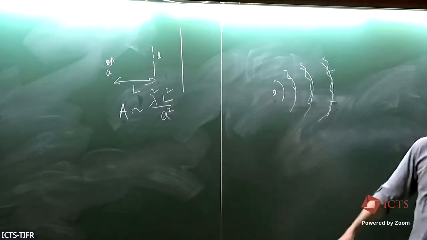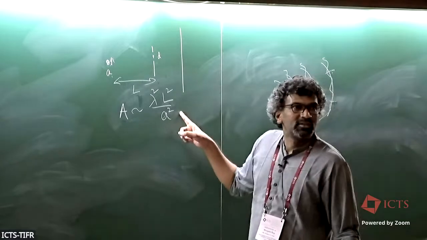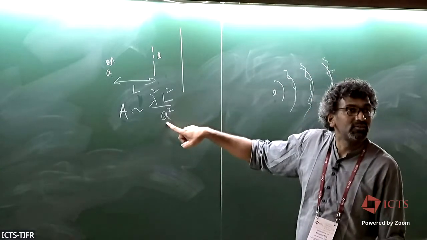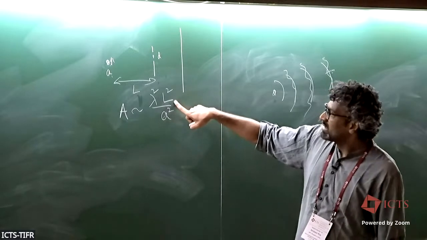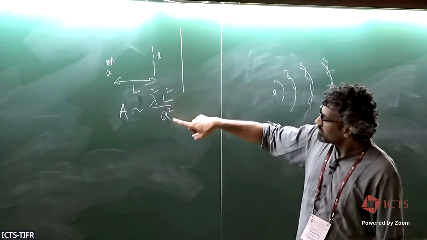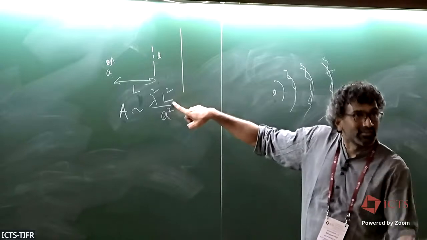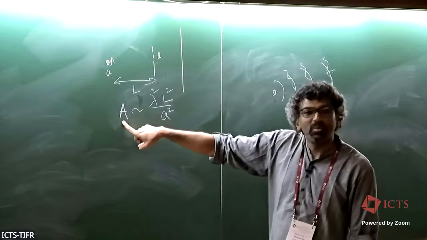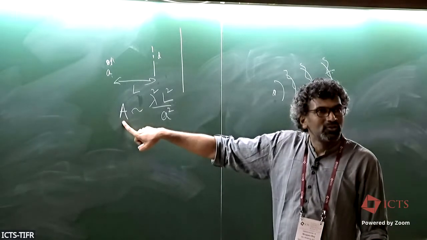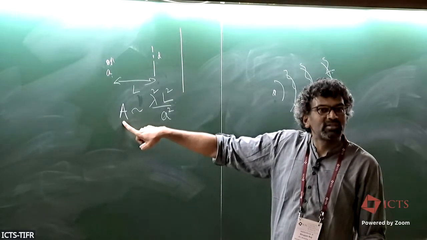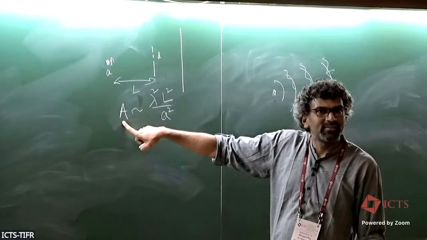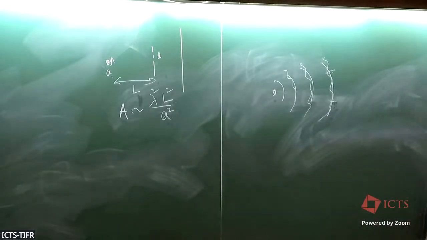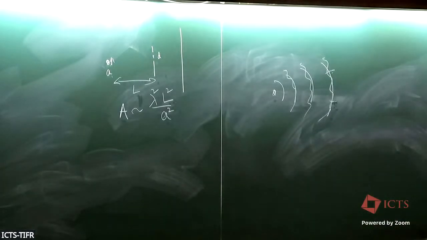And because of these dependencies, a source which is either bigger in size or nearer to us will have a much smaller spatial coherence area. And this is the reason, just with a few millimeter aperture of your eye, you can find out that the sun is an extended object.